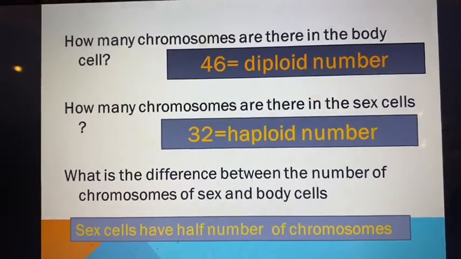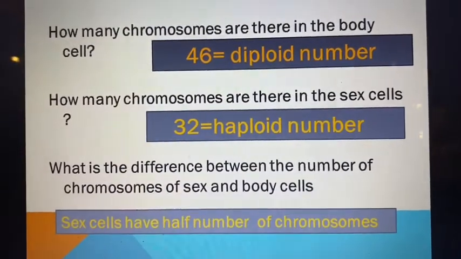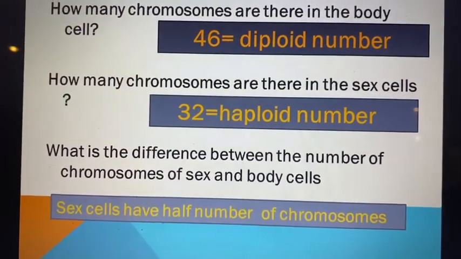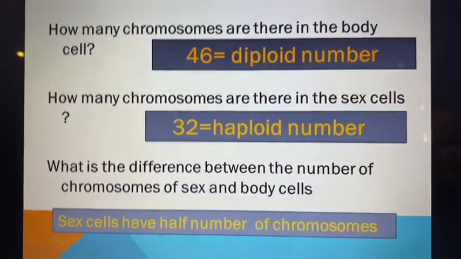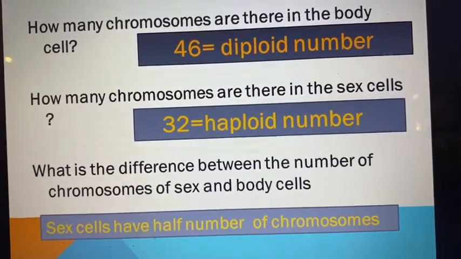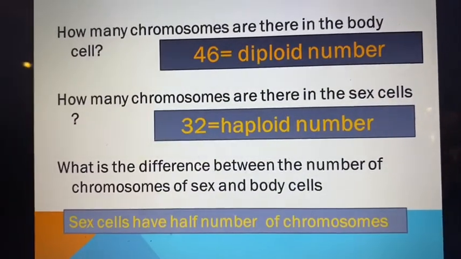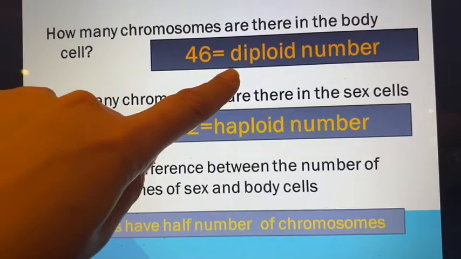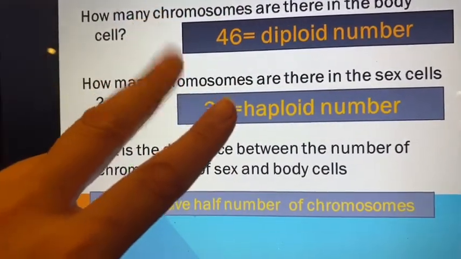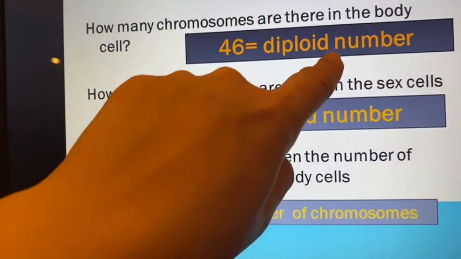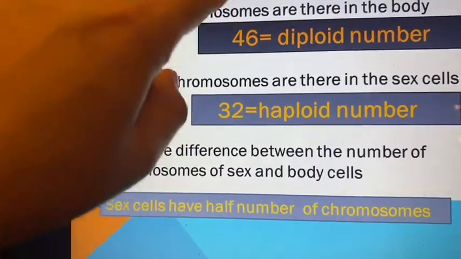Because they are paired in a body cell, any body cell, the skin cells, the hair cells, the eye cells, the heart cells, stomach cells, any body cell has 46 chromosomes, or 23 pairs. Because they are pairs, it is called diploid number. Di means 2, so you have to multiply it by 2. So diploid number is the number of chromosomes in the body cells. Here 46 or 23 pairs.